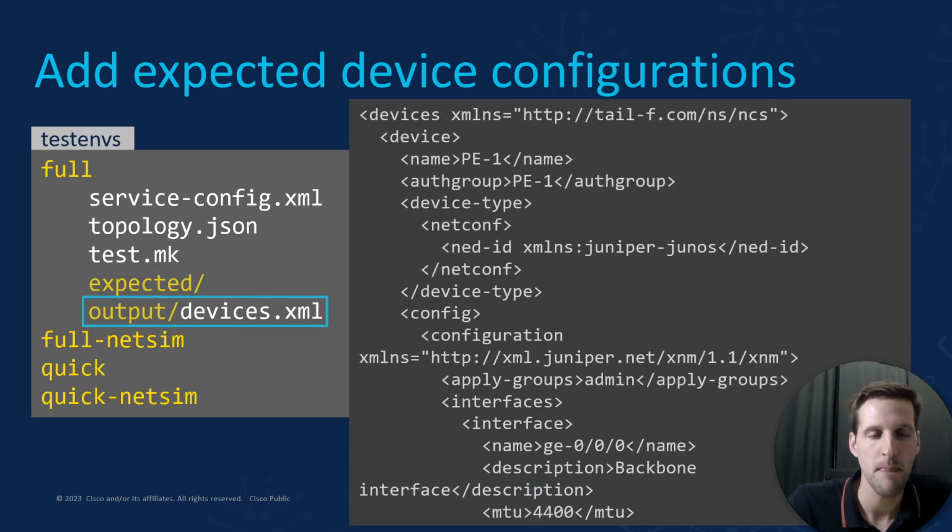After every test run, we populate this output folder with devices XML. So this is the NSO CDB output of the whole devices tree. All device configurations end up here.